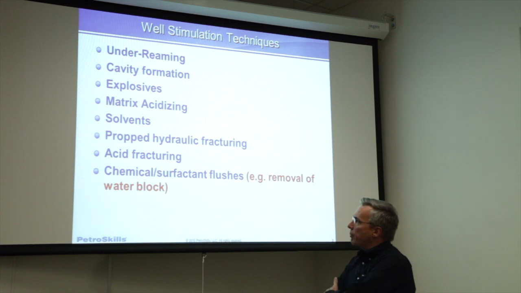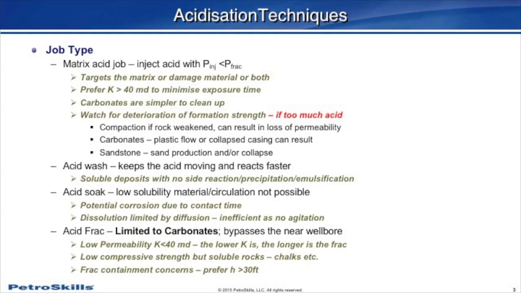Solvents, propped hydraulic fracturing. Of course, we frack a good many of our wells, most of our wells in North America now onshore. We also acid frack our wells and occasionally pump chemical surfactant flushes to remove problems like water blocks and such.